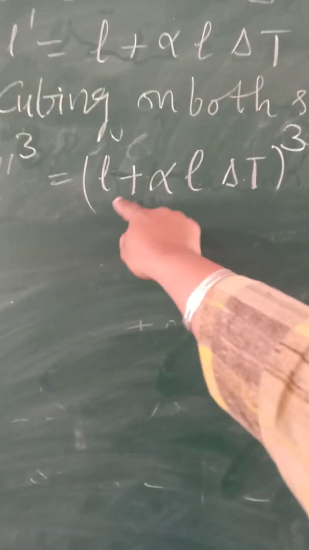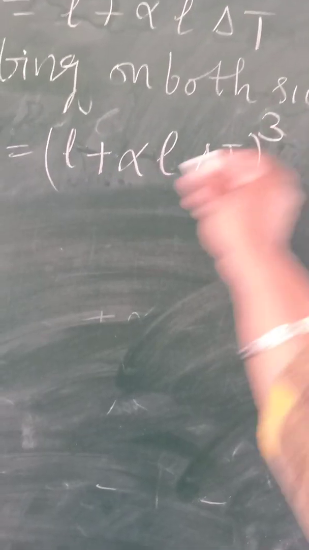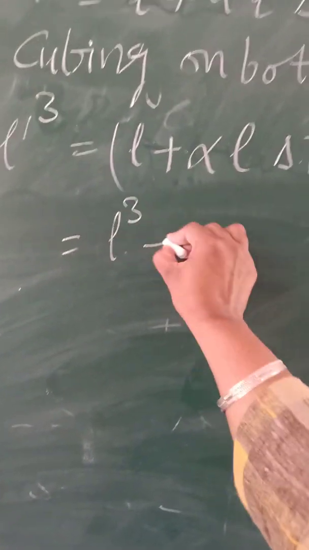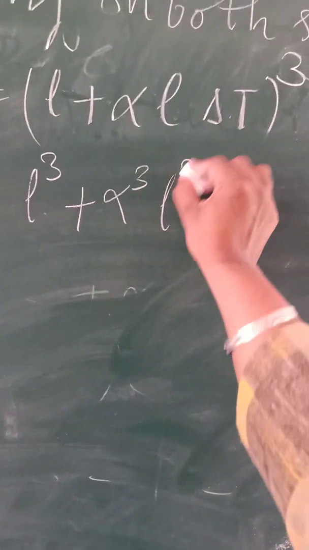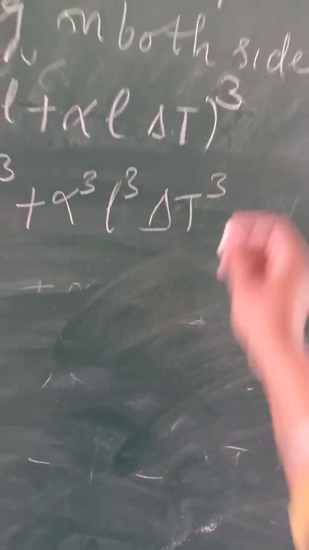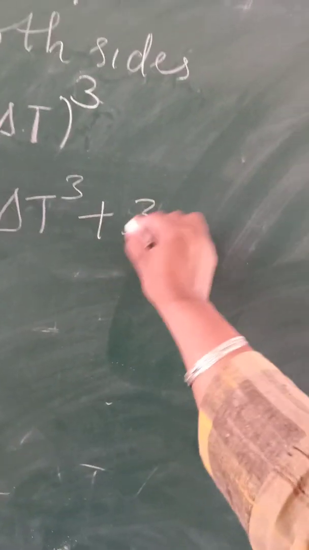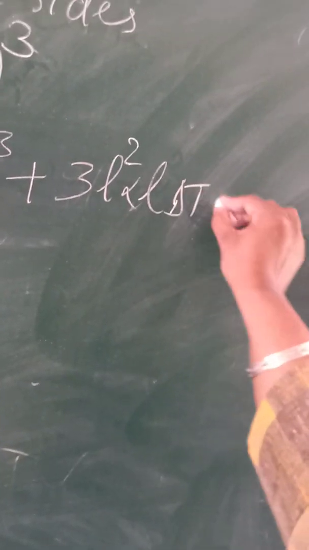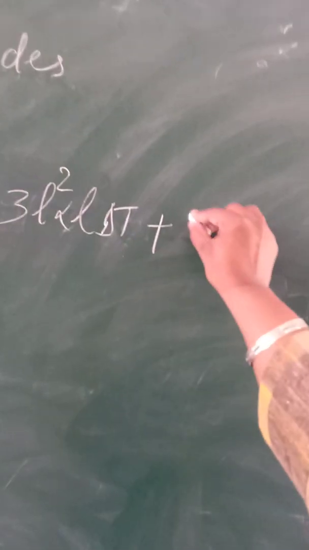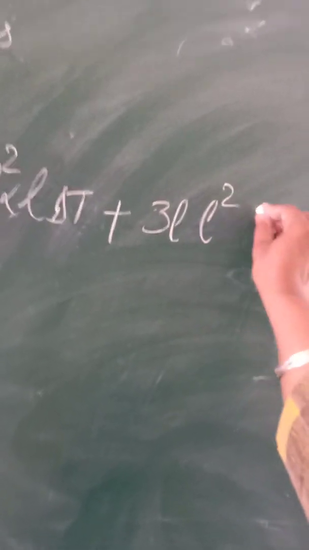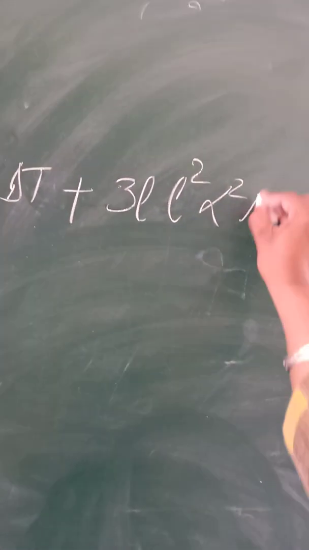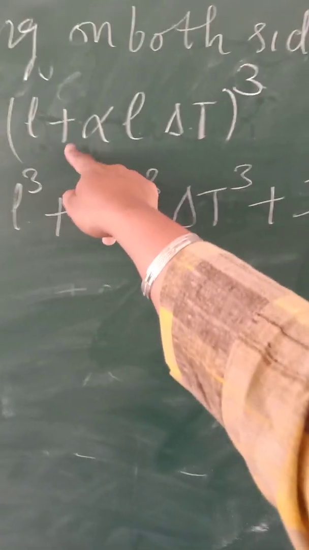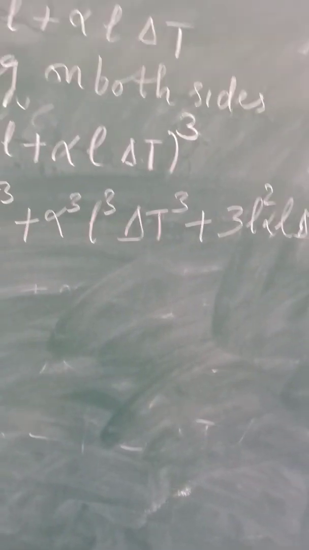Here we use the formula a plus b whole cube, which equals a cube plus b cube plus 3a square b plus 3a b square. Clear? This whole term we take as a and this term as b.